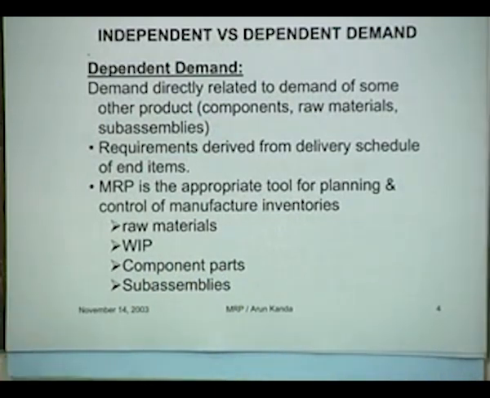Just to give you an example, take the example of the car. In the car manufacture, which has a large number of components and raw materials needed, the demand for the car follows an independent demand.